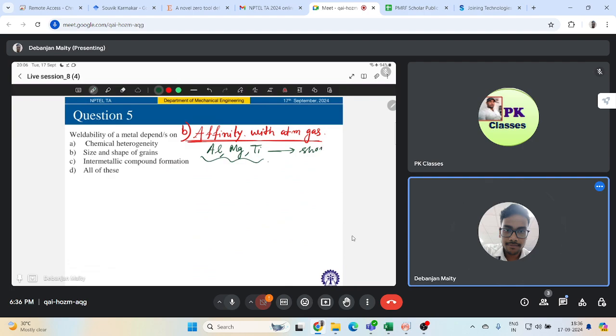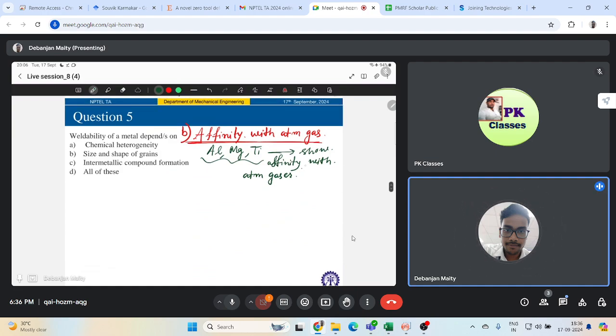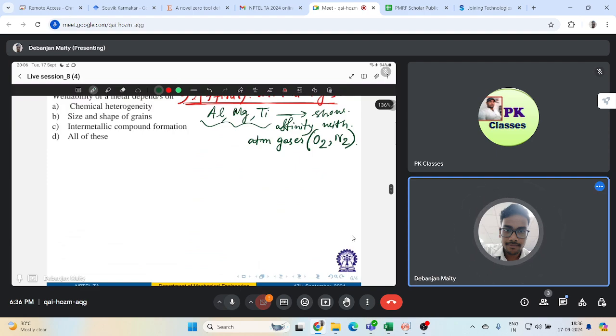show affinity with atmospheric gases. If I say atmospheric gases, what are the gases? It can be O2, it can be nitrogen, it can be other gases. Mostly we talk about oxide formation or nitride formation, even carbide formation.